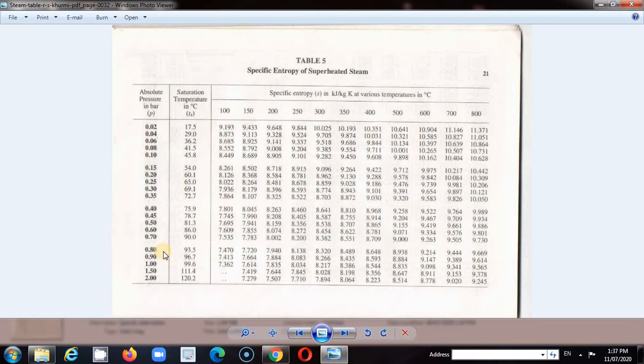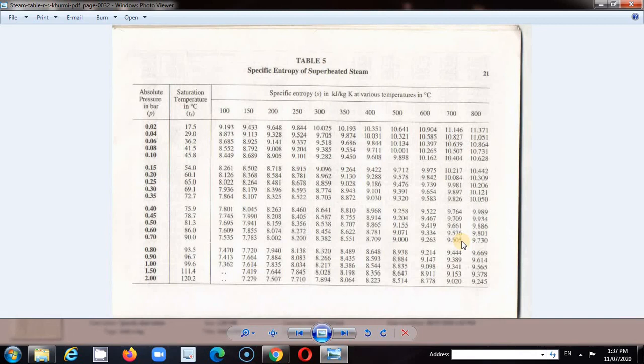In a similar way, take another example: 0.7 bar pressure is given in the problem and the temperature is around 600 degrees centigrade. From 0.7 you go horizontally, and from 700 degrees centigrade you go in the downward direction, and here you will get the value, that is 9.505. So this is the value of the specific entropy for superheated steam.